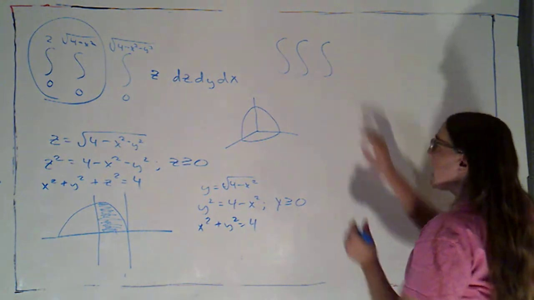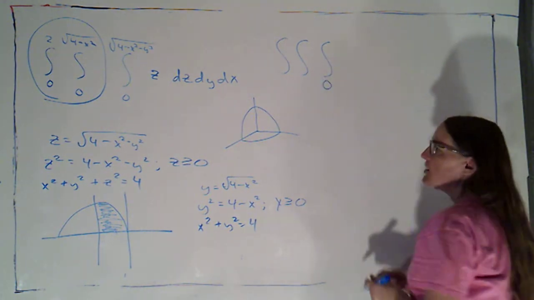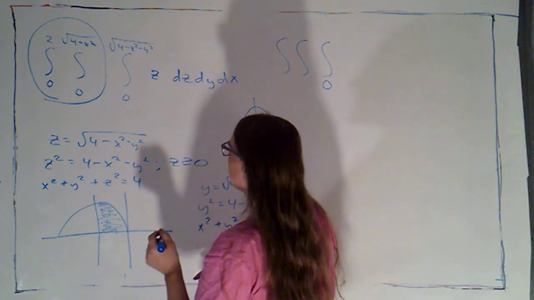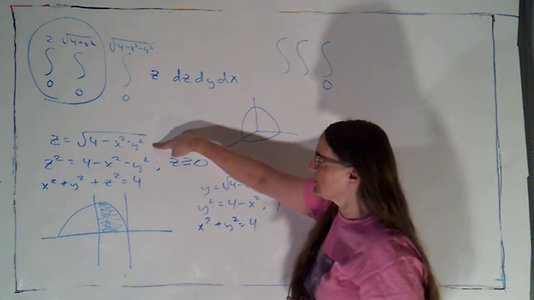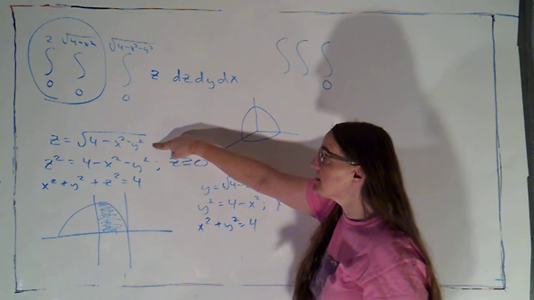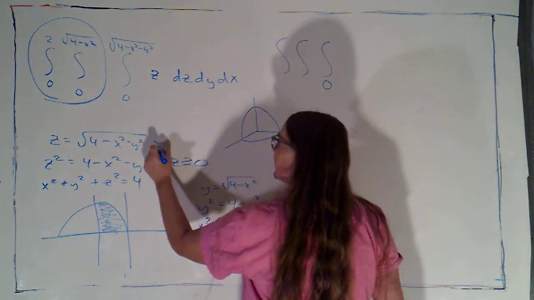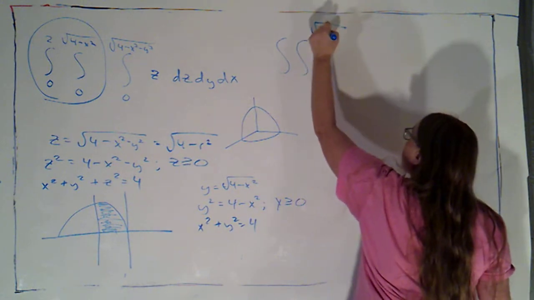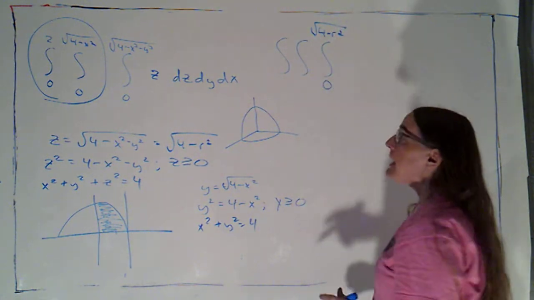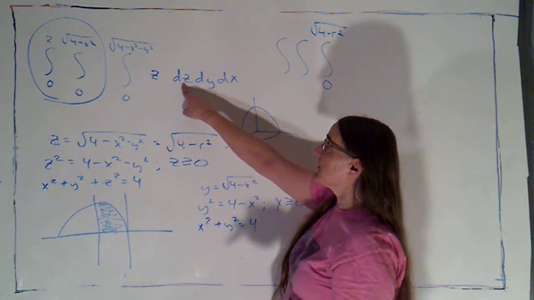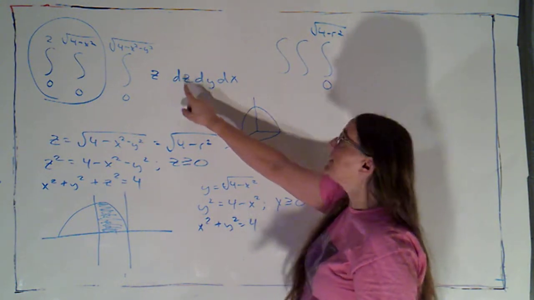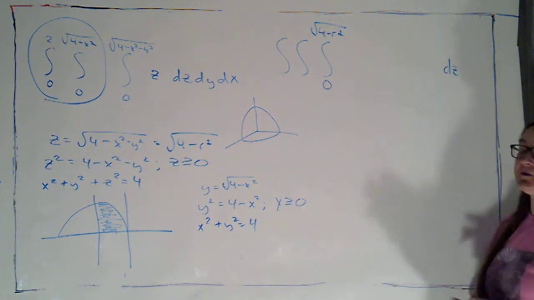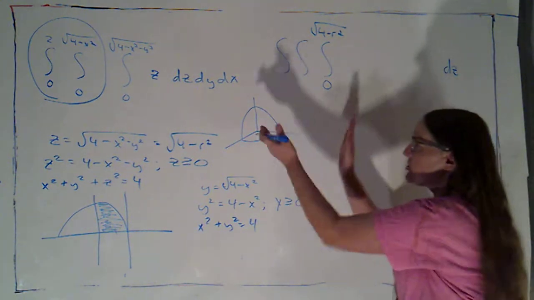Going from bottom to top, we're going from 0 to, we said the top half was z equal to this square root. In cylindrical coordinates, that just becomes the square root of 4 minus r squared. Now, since I've committed to integrating with respect to z first, it's a direct lineup.